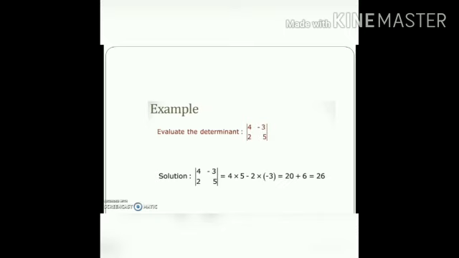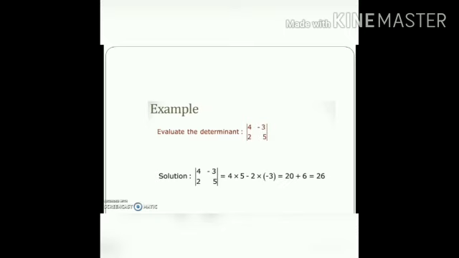Now we have an example. Evaluate the determinant of 4, minus 3, 2, 5. It's a 2 by 2 matrix, 2 rows as well as 2 columns. So what shall I do? We have to cross multiply starting with 4. 4 into 5, then 2 into minus 3.